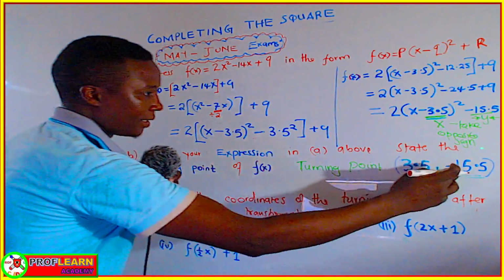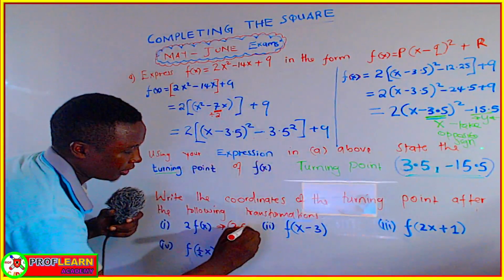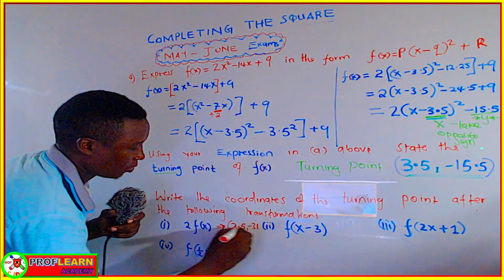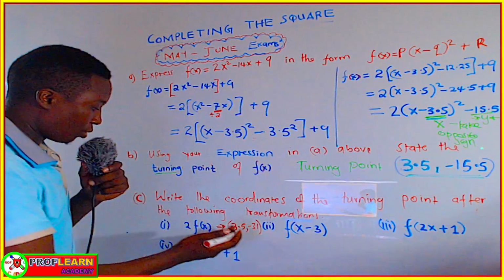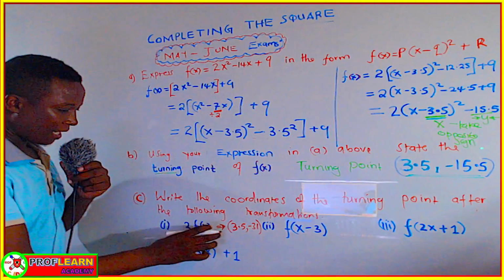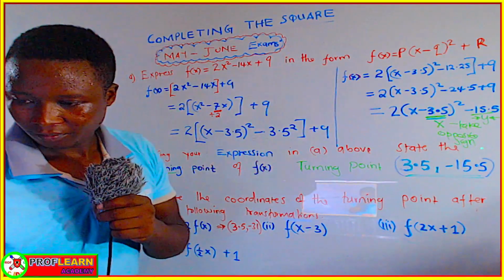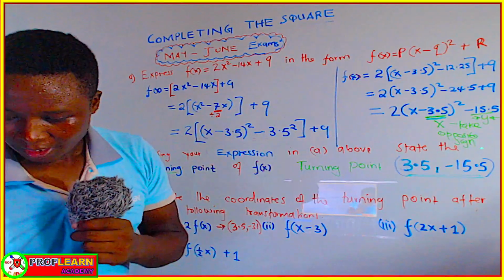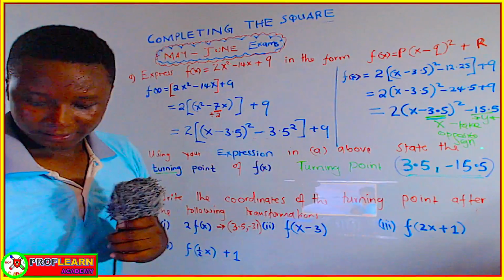So this is going to be negative 15.5 times 2, which gives us negative 31. And that becomes the new coordinate of the turning point after this transformation. Now, once you've understood that, we can move to the next part.